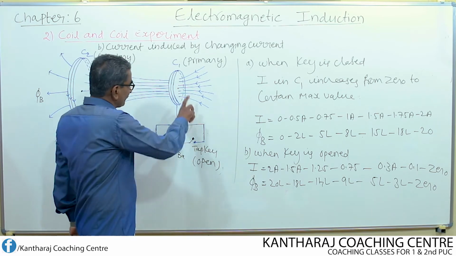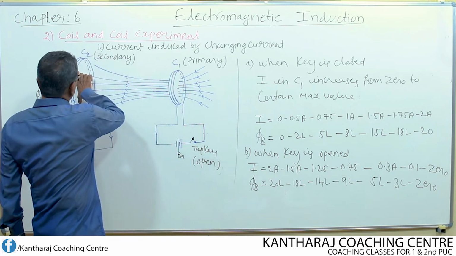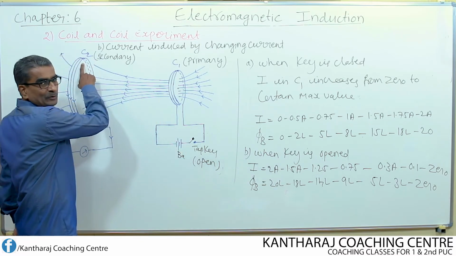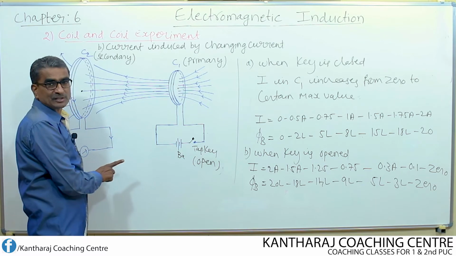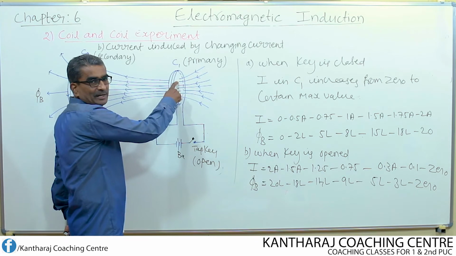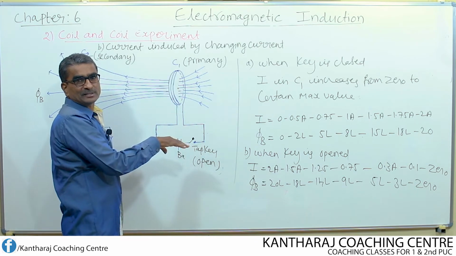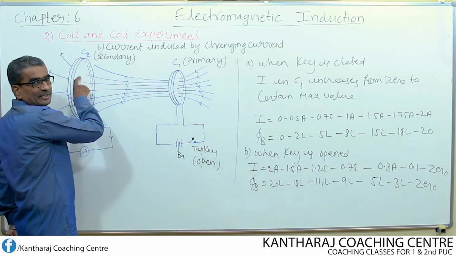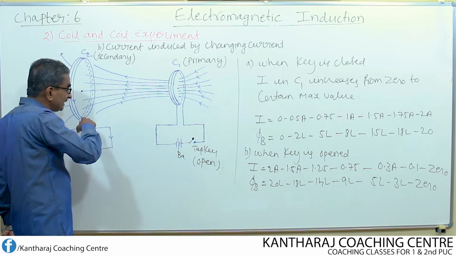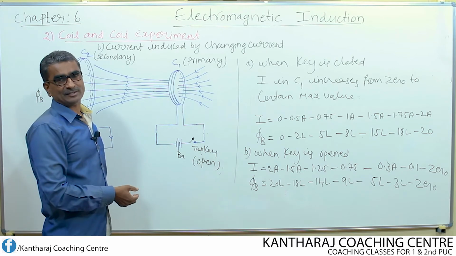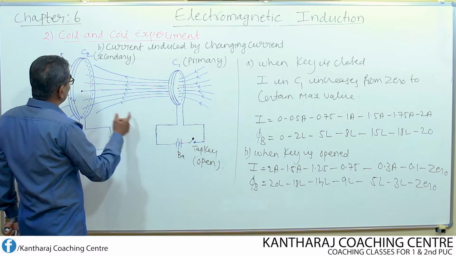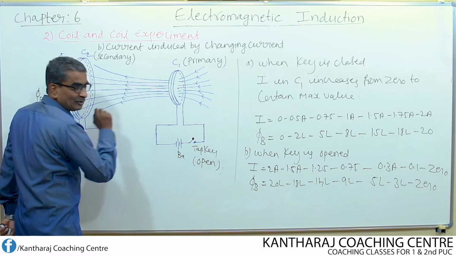Key closed, current increases, flux linking with the secondary also increases, inducing an EMF in one direction, thereby the galvanometer shows deflection in one direction. When the key is open, current in the primary coil decreases from maximum to 0, thereby magnetic flux linking with the secondary also decreases from maximum to 0, inducing an EMF in the opposite direction, opposite to that of the current produced when the key is closed.